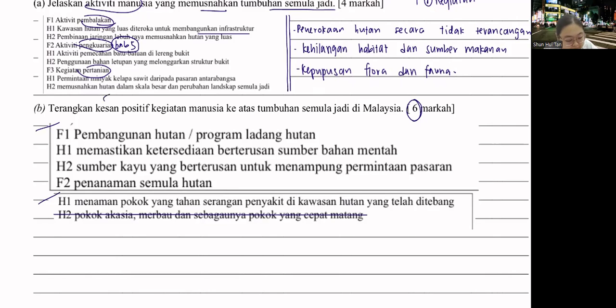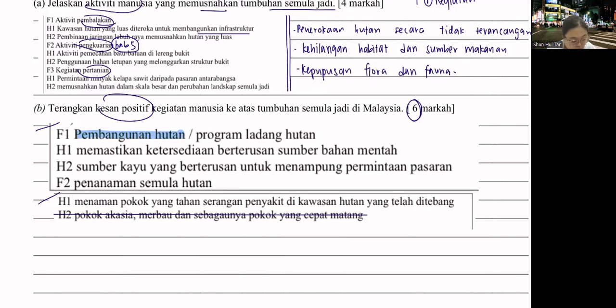Alright. Now, kesan positif, like I said, you can say, oh, kesan positif kegiatan manusia ialah pembangunan hutan. Right? What is the pembangunan hutan? You can say, oh, program ladang hutan dijalankan untuk memastikan ketersediaan berterusan sumber bahan mentah. Alright. For the second huraian, up to you if you want or not.